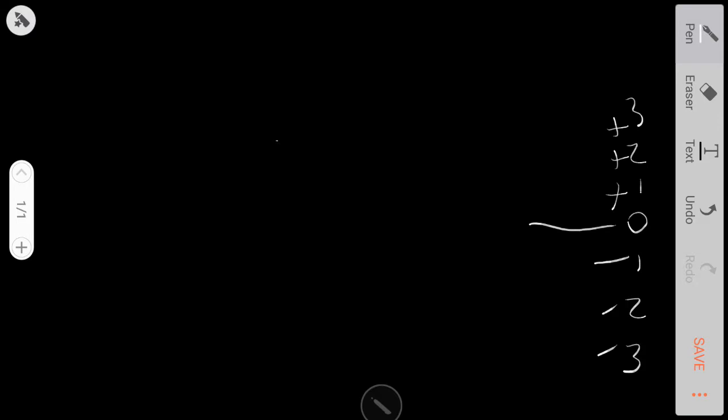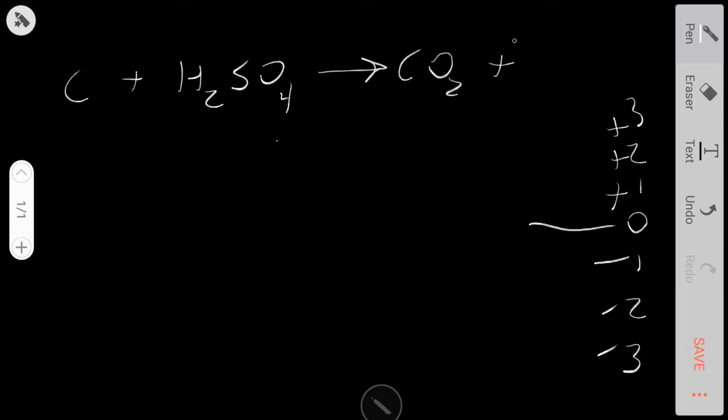It's your life. You don't have to, though. So I have carbon plus sulfuric acid. And also remember, in redox reactions, I don't care about balancing. And that's going to yield CO2 plus SO2 plus H2O. Remember, H2O is H plus and OH minus.